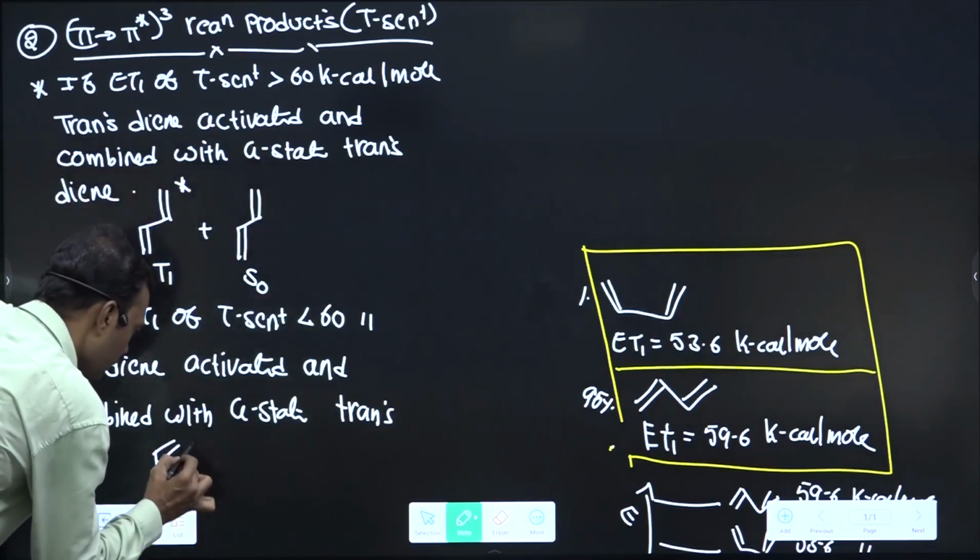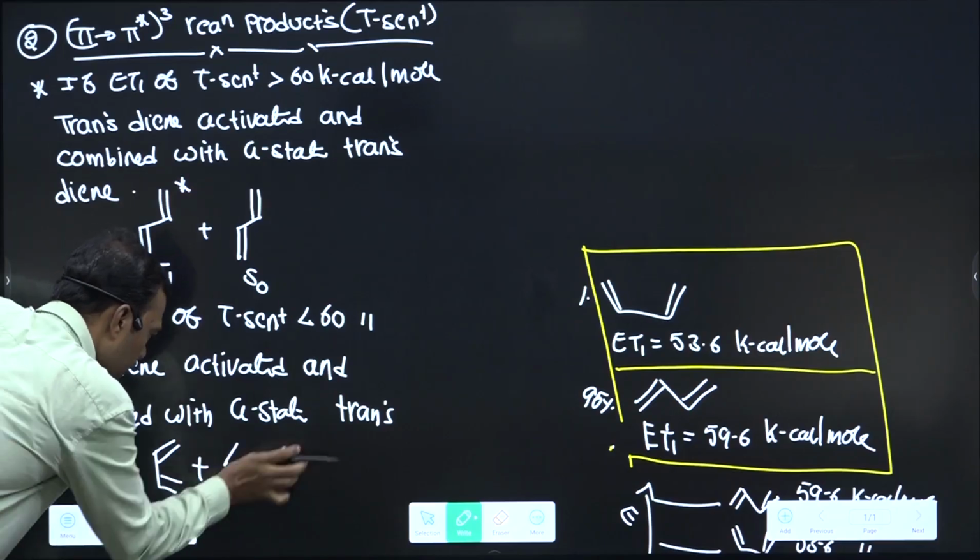This is the cis isomer combined with a trans.